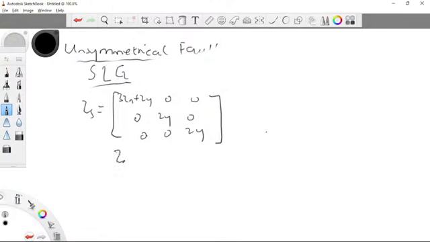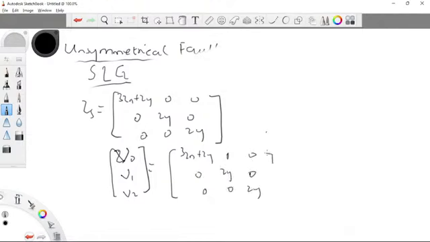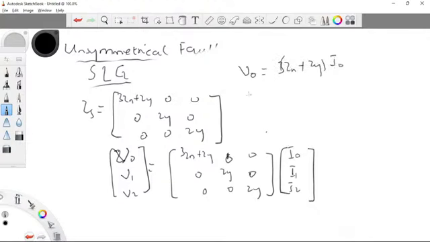If we want the symmetrical component voltages, we multiply by I0, I1, I2. So if we want V naught, it will just be 3ZN plus ZY times I naught. If we want V1, it will just be ZY times I1. If we want V2, it will just be ZY times I2.